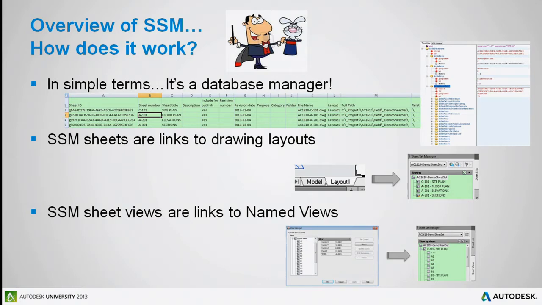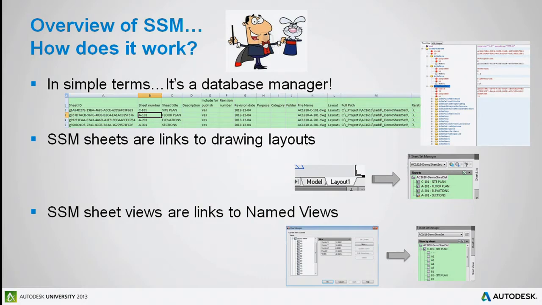And as I say in the slide, in simple terms, you can look at it as a database manager. There are some screenshots up there at the moment that show you what some of the pieces of the workflow look like. And in terms of being a database manager, it's a place where you can store all of your sheet information: your sheet titles, your sheet numbers, revision histories, project name, drafter, checker, designer, all of that stuff can go in one location.